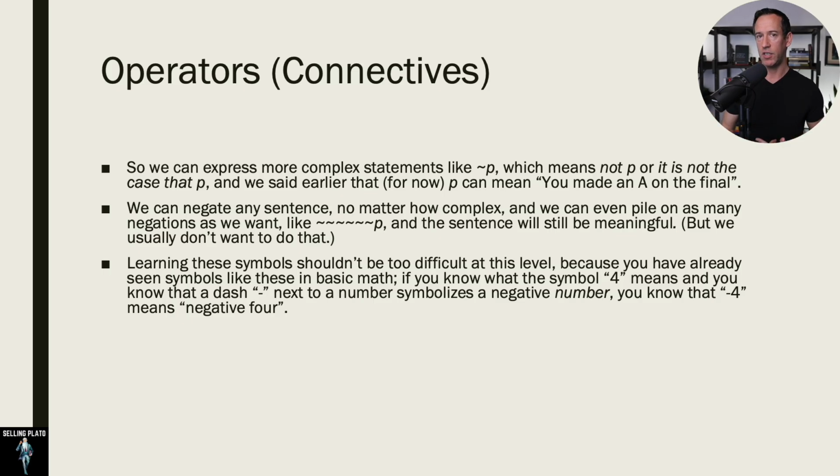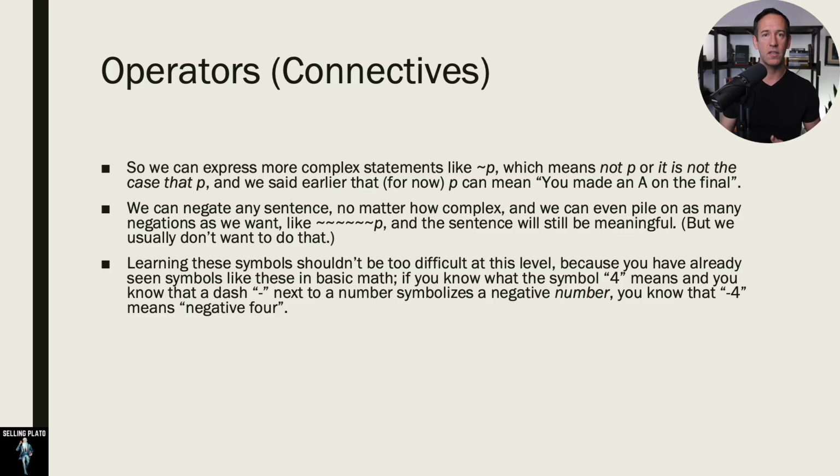Learning these kinds of symbols initially might look a little foreign, but the learning of different symbols just shouldn't be too difficult at this level conceptually, because you have already seen symbols like these in basic math when you learn just basic arithmetic.